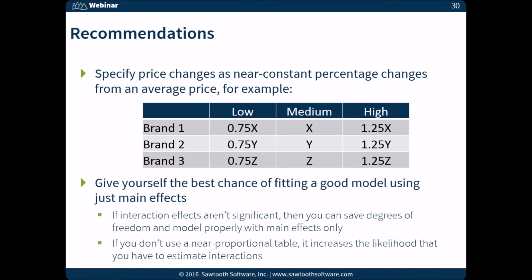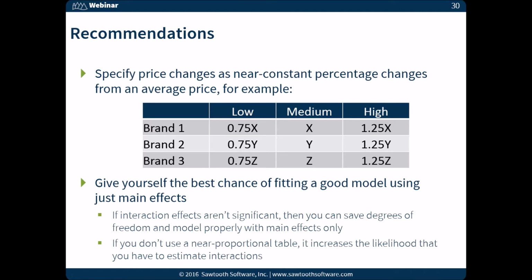So when you're putting together conditional pricing tables, try to specify price changes as near constant from the average price. For example, we say the medium level is our average, and we do plus or minus 25% from that medium level for our low and high levels.